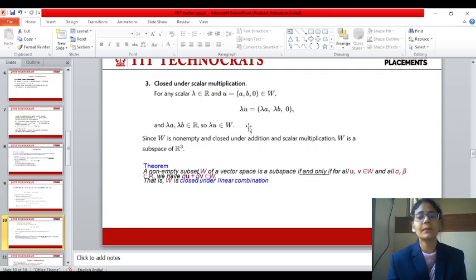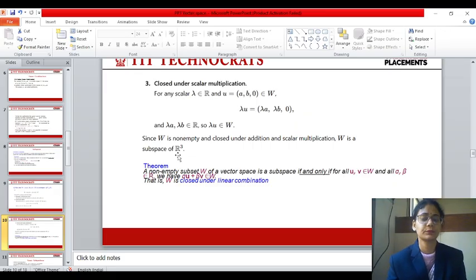So this new element again satisfies the condition. The condition to become an element of W is that the first two members can be anything and the last one should be 0. So we can see here it satisfies the condition to become an element of W. Hence W is closed under addition and scalar multiplication, and W is a subspace of the three-dimensional vector space over real numbers.